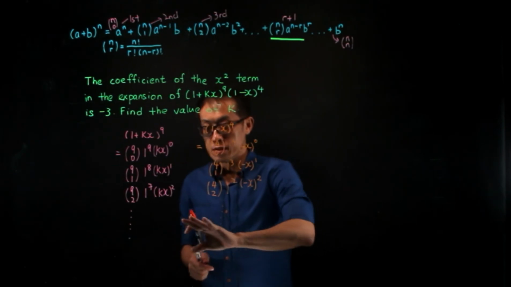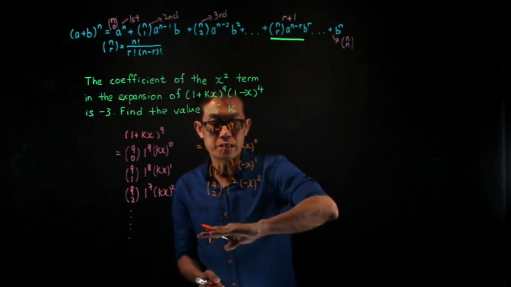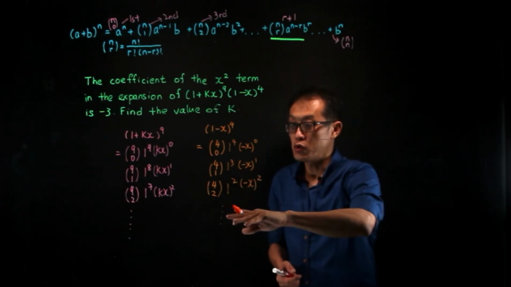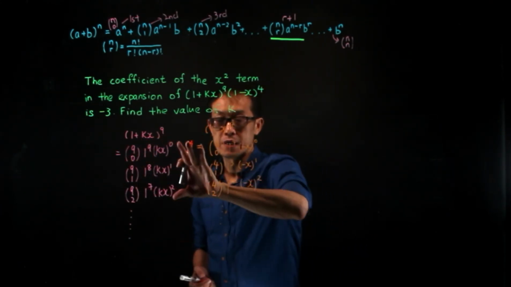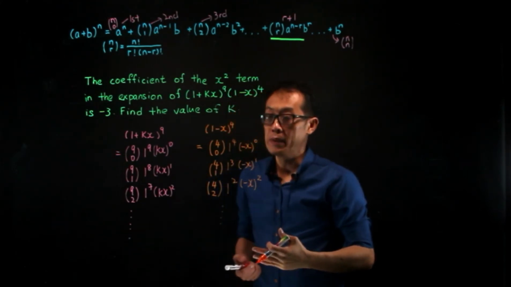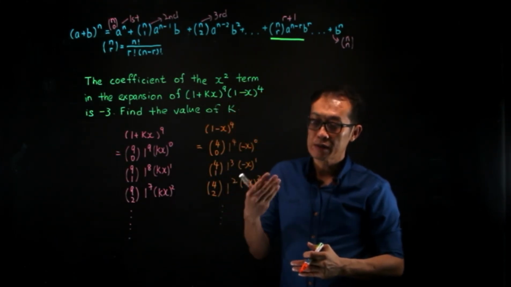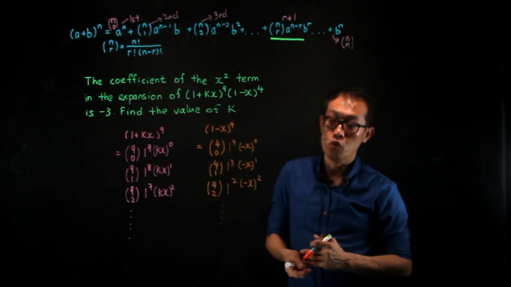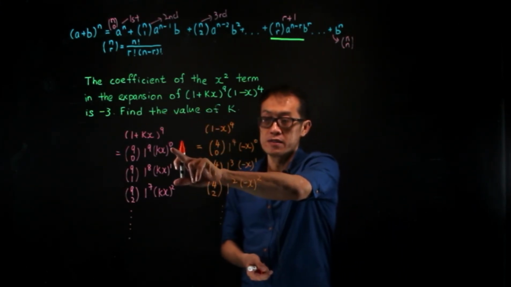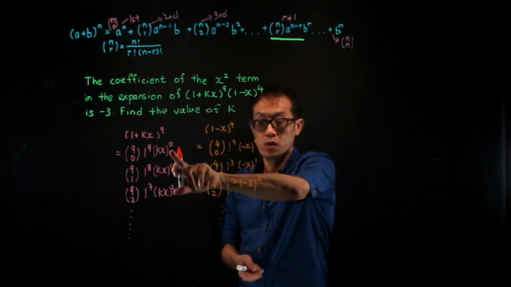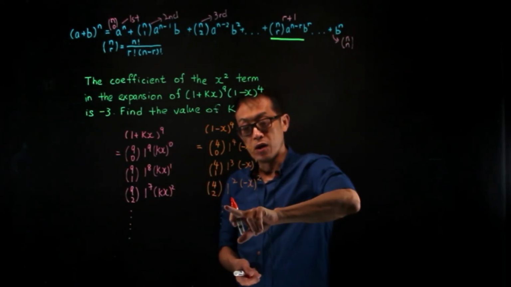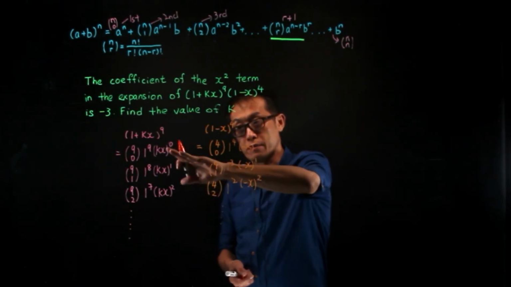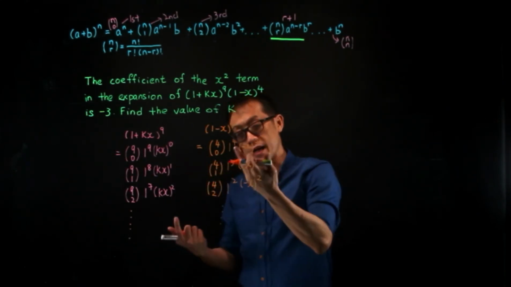Now imagine all these terms have powers higher than 2. So you multiply with any of these terms here, the powers of x will be higher than 2, because the lowest one here is x to the power of 0, and the lowest here is x cubed. x cubed times x to the power of 0, you get x cubed.